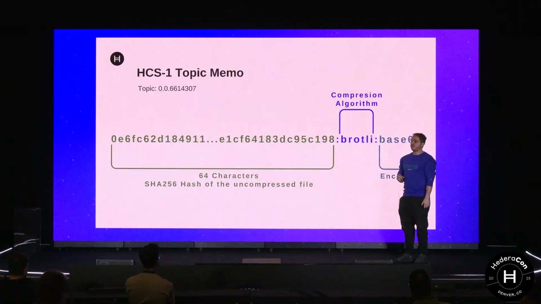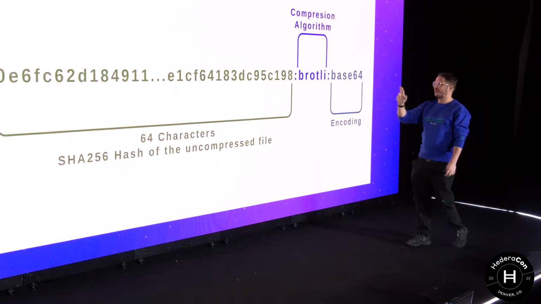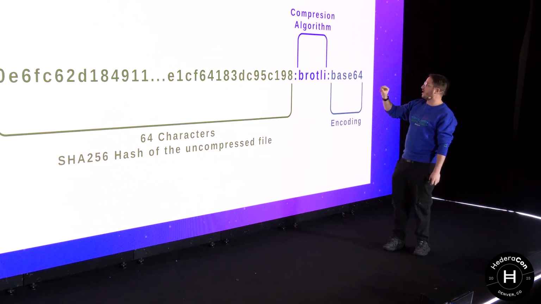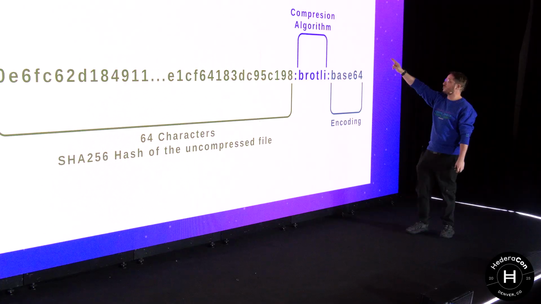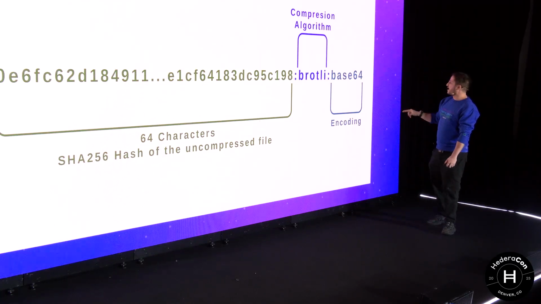So with HCS1, and obviously you have 100 characters, you're very limited in what you can put in that memo field. So the three most important things for us were a SHA-256 hash, I'll come back to this in a second, that represents your file, the compression algorithm, and we currently support Brotli and ZSTD, as well as the encoding mechanism.